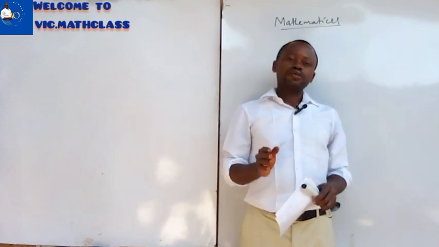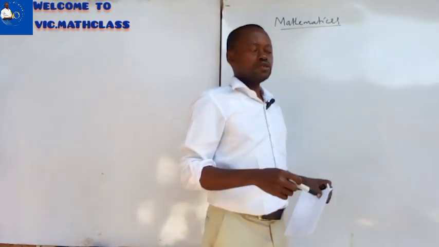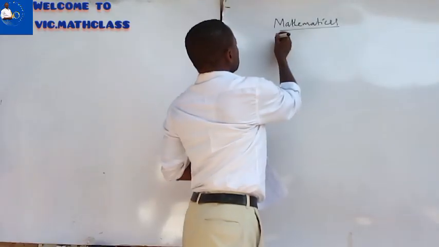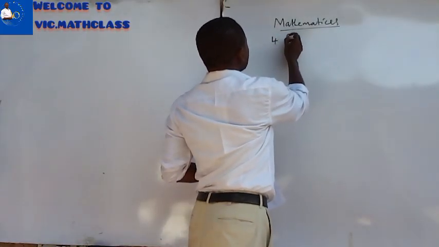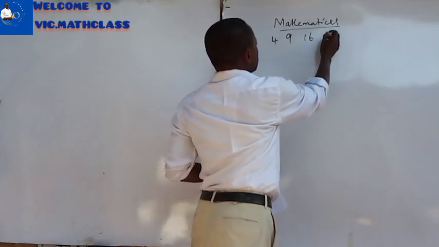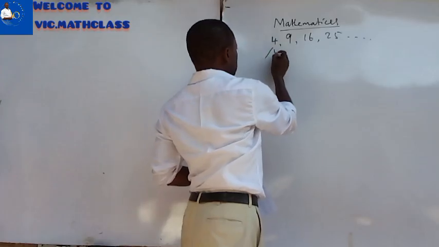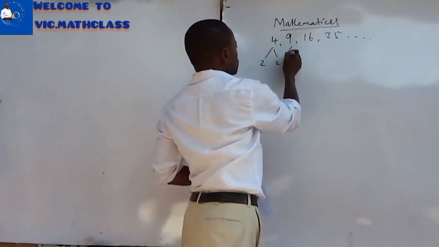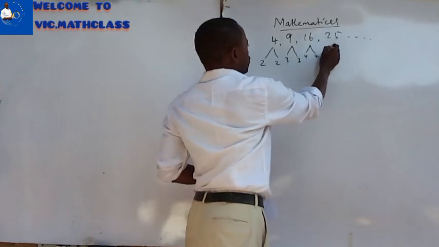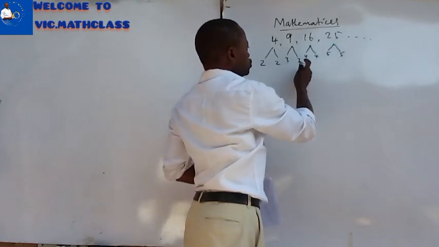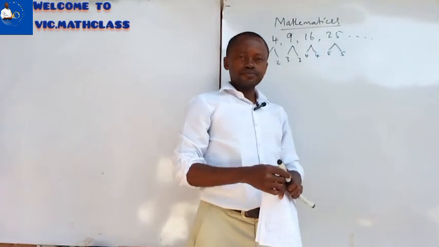Take for instance figures like 4, 9, 16, 25. They have factors. This one has two factors, 2 and 2. These have two factors, 3 and 3. These have 4 and 4. These have 5 and 5. So you can call these perfect squares.